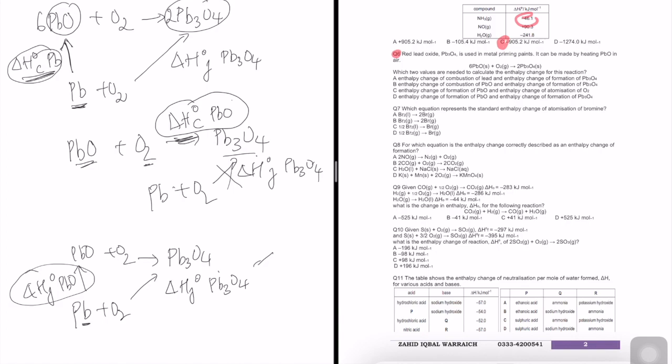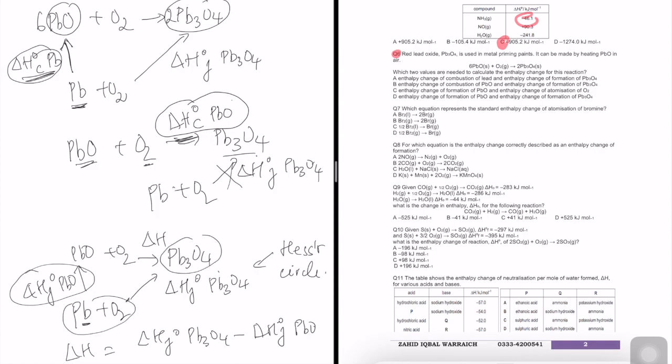So now you can see we form a full Hess cycle here. The result that we are looking for, the delta H, will be equal to the delta H_F of Pb3O4 minus the delta H_F of PbO, because from here to here is the direct process, but from here to here to here is the indirect process. So the correct answer must be D.